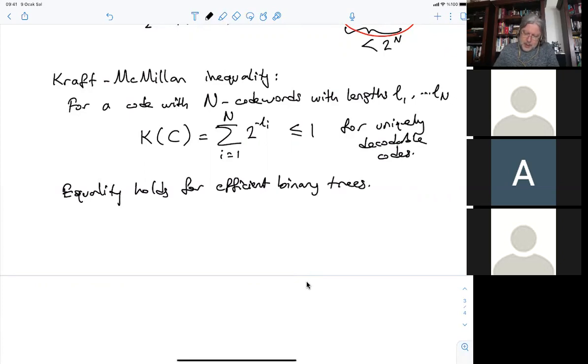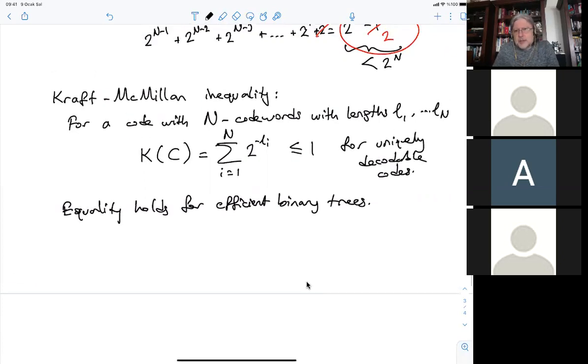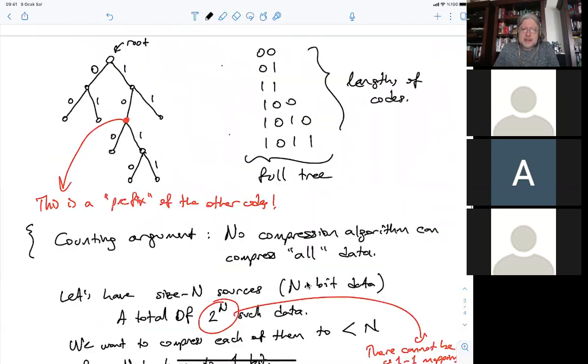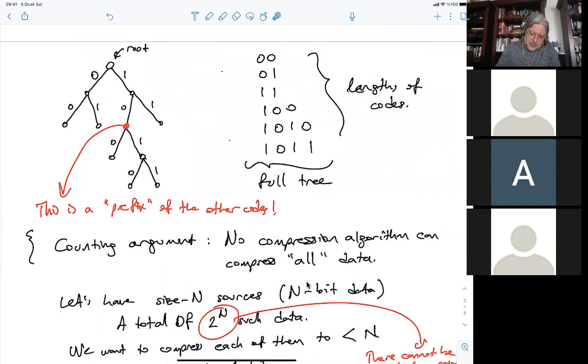And that is the condition for efficiency. For example, this binary tree that I have drawn here, which is producing these codes, will make the Kraft number equal to exactly 1. So I'm pretty much sure that the Kraft number for this one would give you 1. Does it? Let us see.